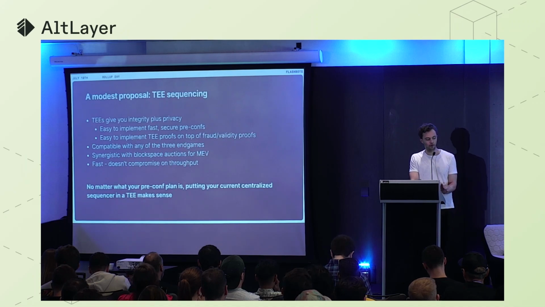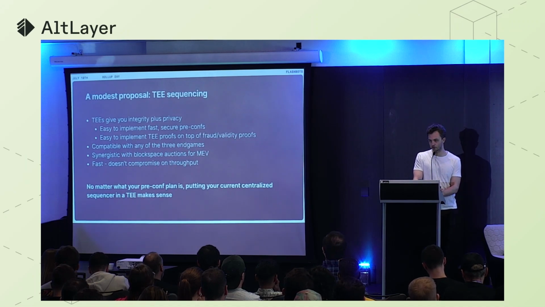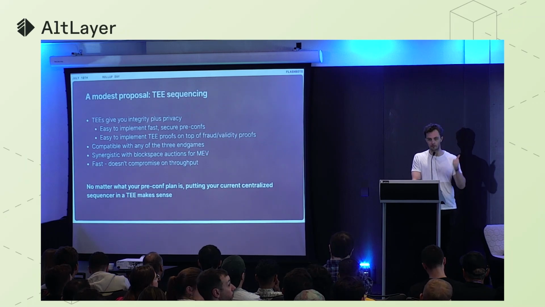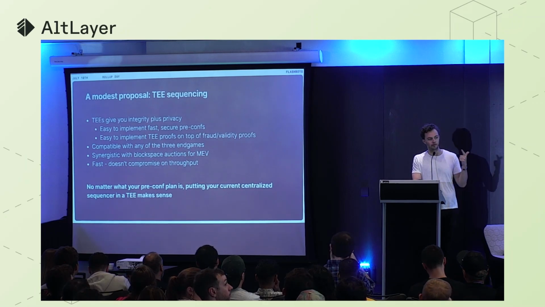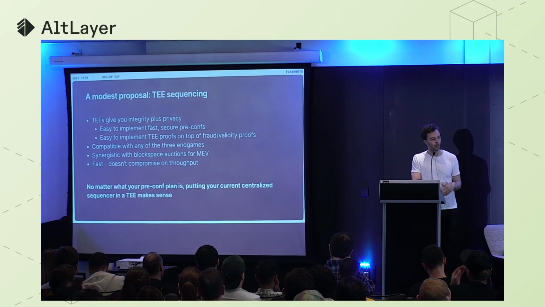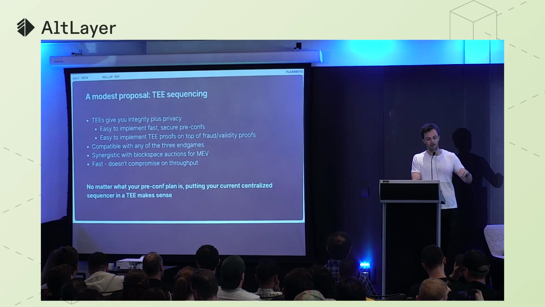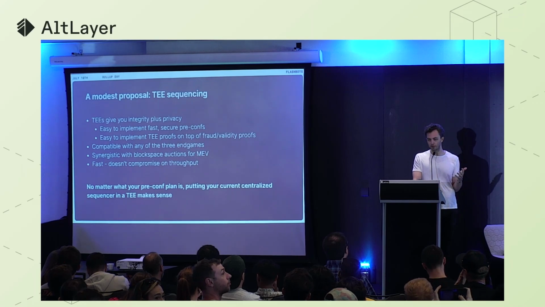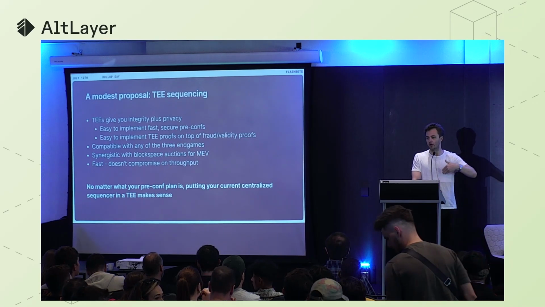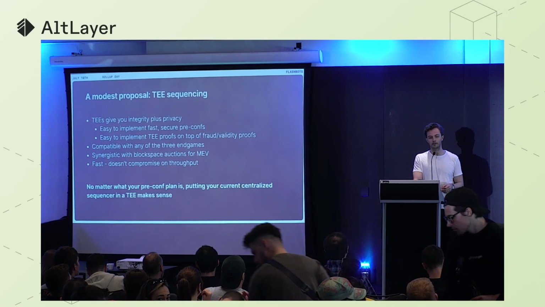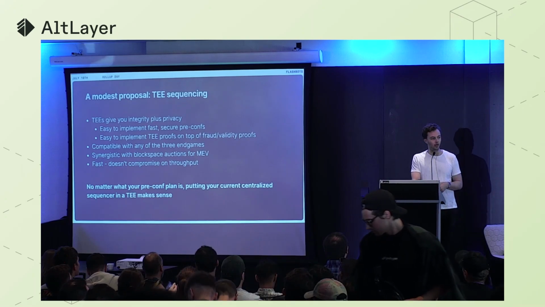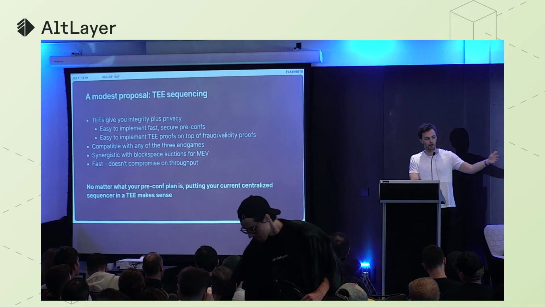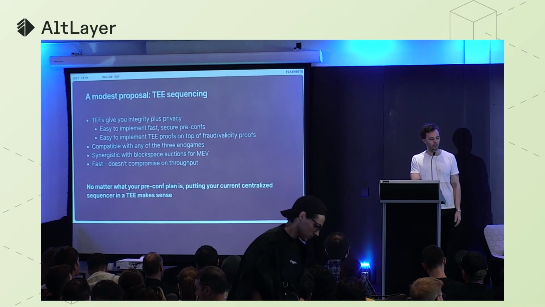My modest proposal is to put your centralized sequencer in a trusted execution environment. This is a piece of hardware that gives you both privacy as well as tamper-proof guarantees on your code, which is really interesting because that integrity means that you can implement fast, secure pre-confirmations, much more secure than a centralized server giving you a promise, more secure than economic stake in many cases.